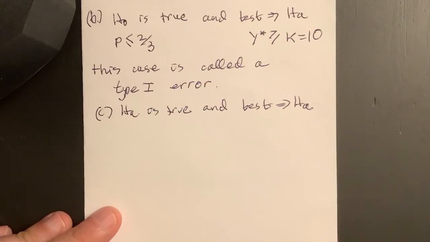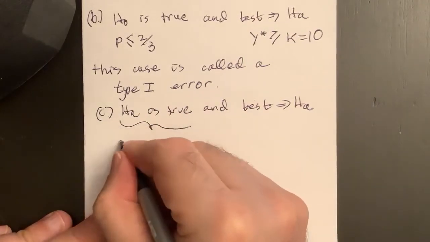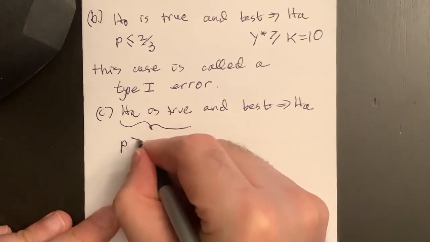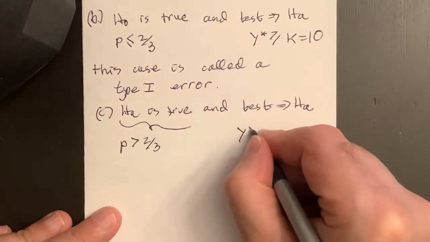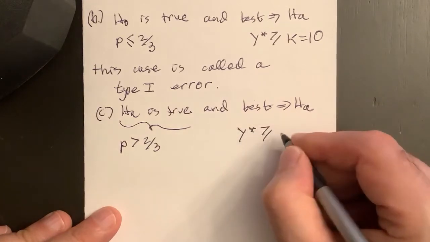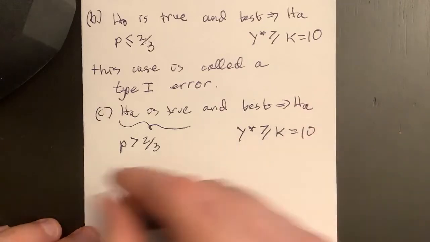Well, this is not an error. This is good. HA is true, P is greater than 2/3, and this would happen if y star was greater than or equal to K equals 10.